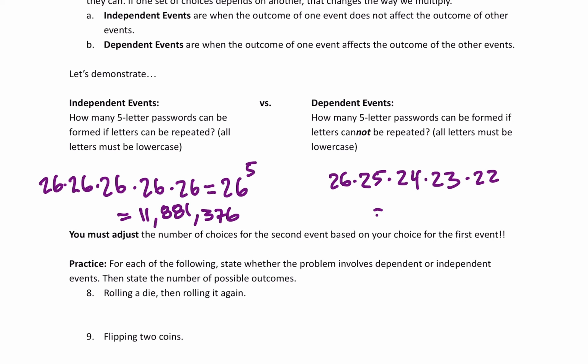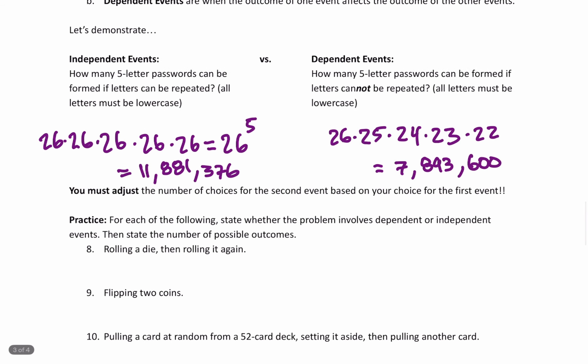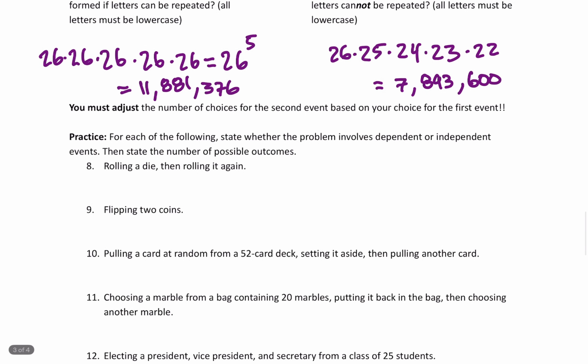So if I multiply all of those together, I get 7,893,600 possible outcomes. So it's a lot less because I don't have as many outcomes for each one of these as I did over here. I had 26 for all of those, and I have less and less as I keep going.